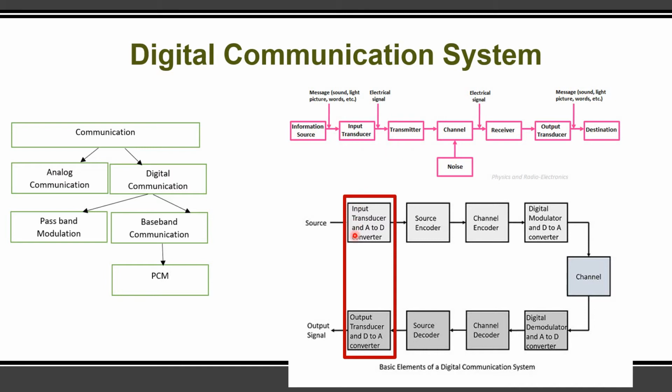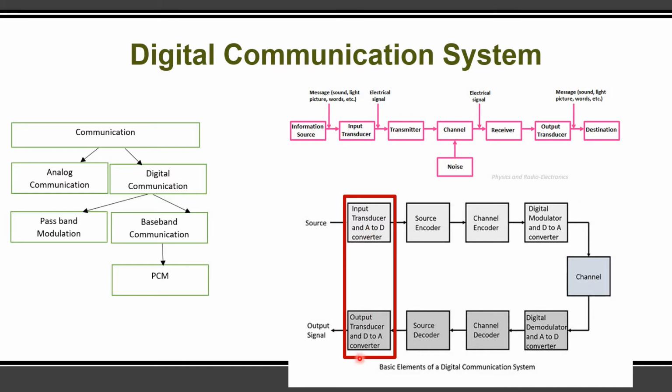Similarly, the first block is also important. After the input transducer, we convert the analog signal into a digital signal. This analog to digital conversion process is not there in an analog communication system. So here the analog to digital converter is the first block after the transducer in the digital communication system.